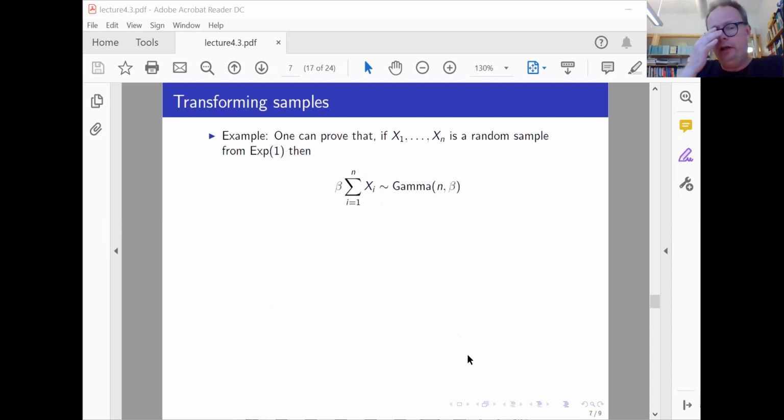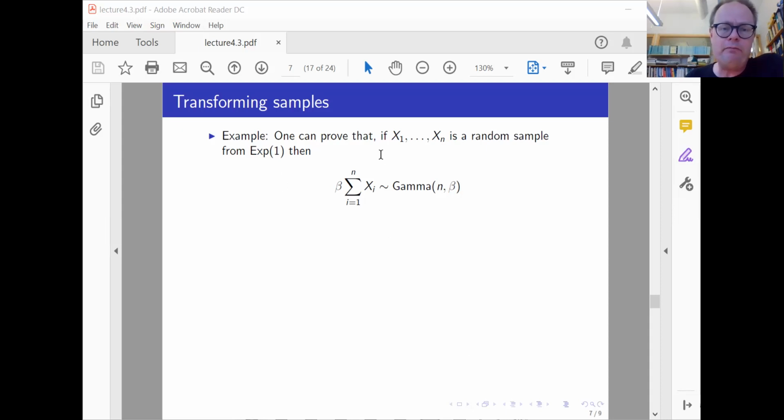So another way to generate random samples is to transform them: simulate from some distribution, do some calculations, and get something that you can prove has another distribution that you would like.